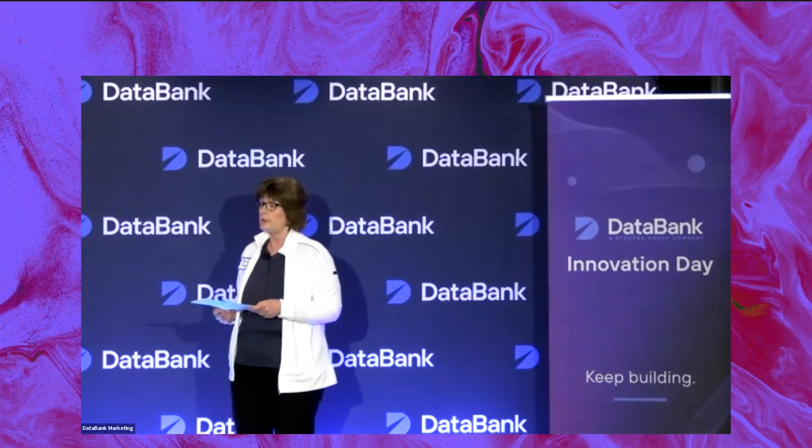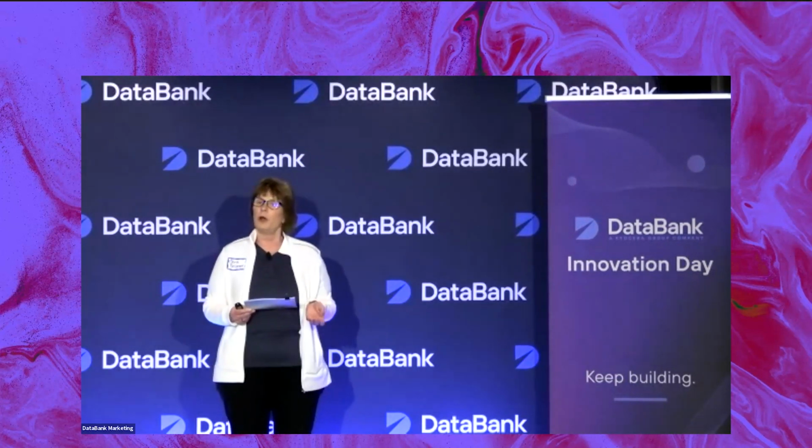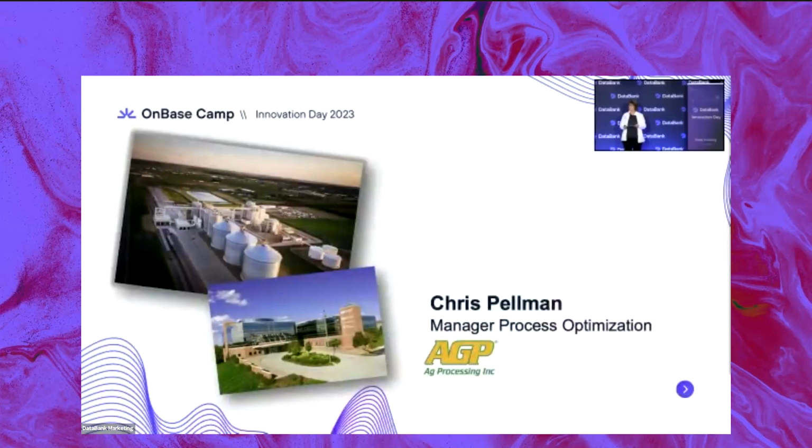But at AGP, we are a corporate office located in Omaha, Nebraska, but we have processing facilities located throughout the US, along with an export facility in Washington State.